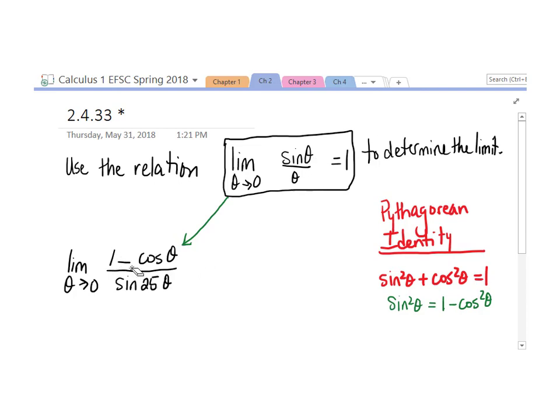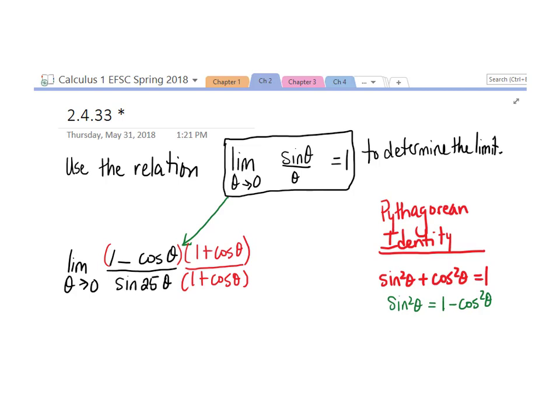So I thought, how can I get 1 minus cosine theta to be something to do with sines? Well, 1 minus cosine squared theta has to do with sines, and I can get that by multiplying 1 minus cosine theta times 1 plus cosine theta, its conjugate. Of course, whatever we do in the numerator, we must do in the denominator as well.